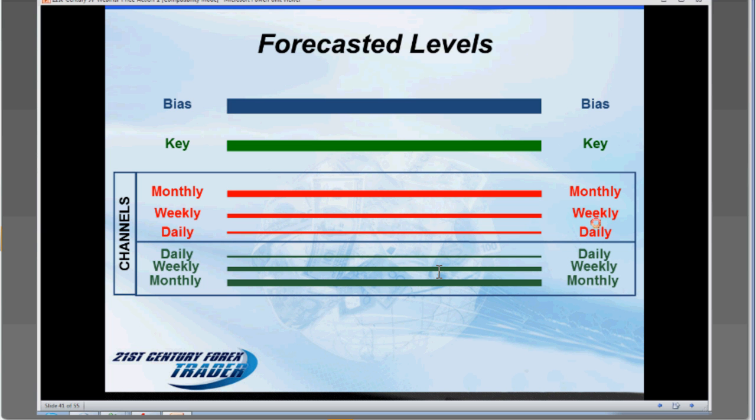I upgrade them once a year. We know in advance when pairs are moving what the next level is, and anytime I get 2 out of 3 channels or 3 out of the 3 channels that match up, it gets my attention. And we share with you what to do in that capacity as we move to the next slide.